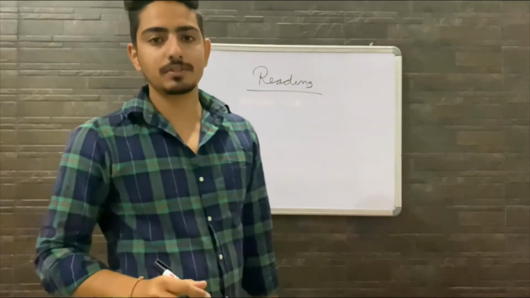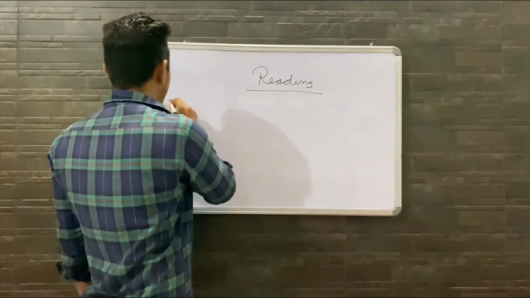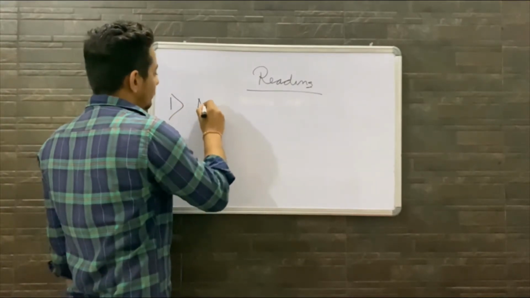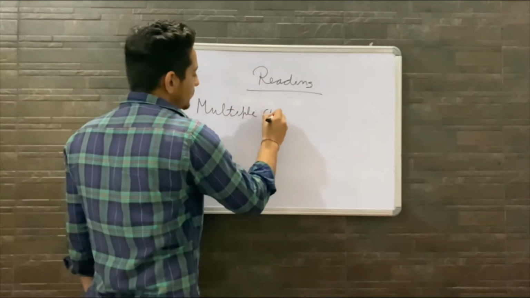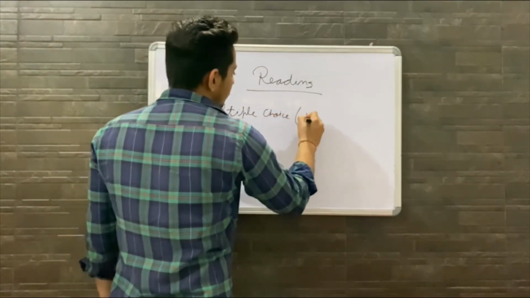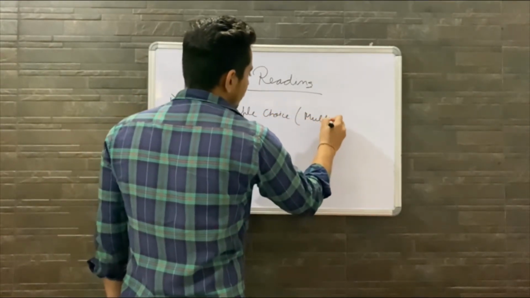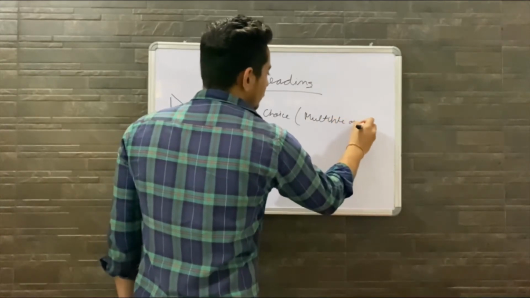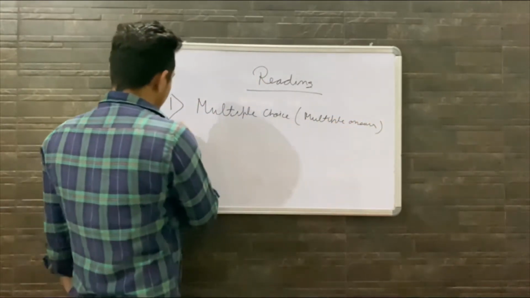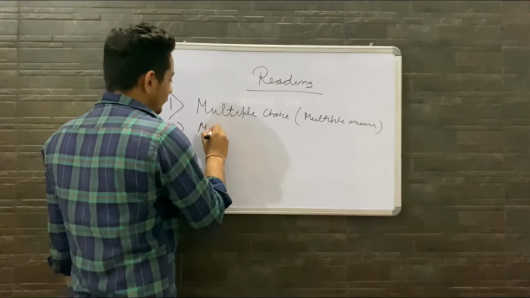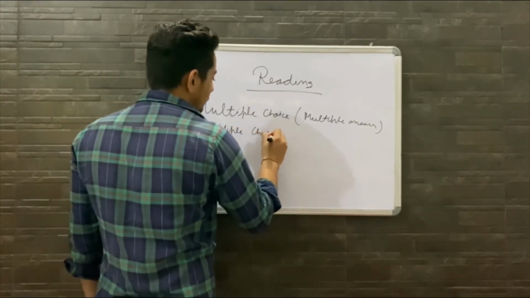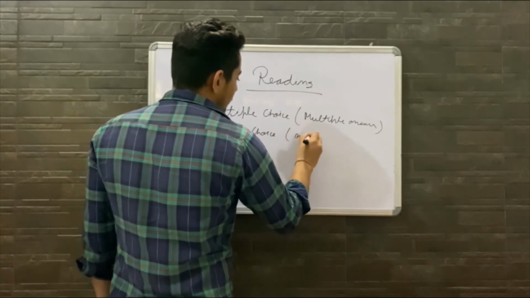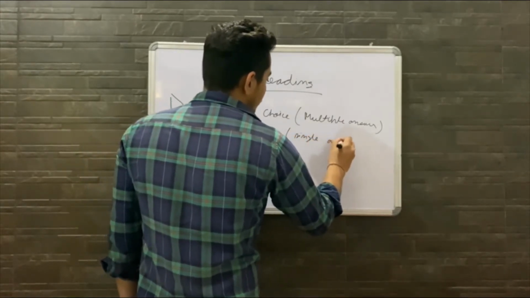Reading has 5 subparts. The first one is multiple choice, multiple answer. Second, multiple choice, single answer.